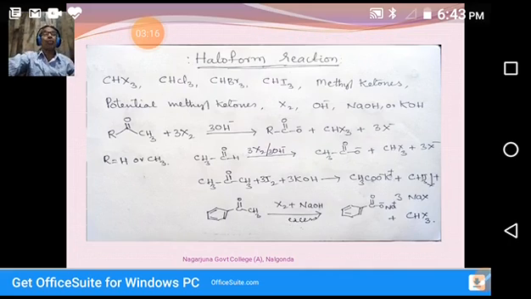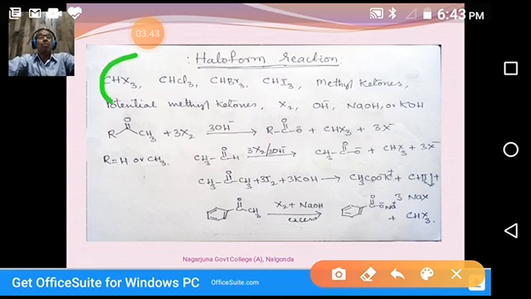What is haloform reaction? Actually, what is a haloform? CHX3 we call a haloform. This is CHX3 in general. Trihalomethanes are in general called haloforms.